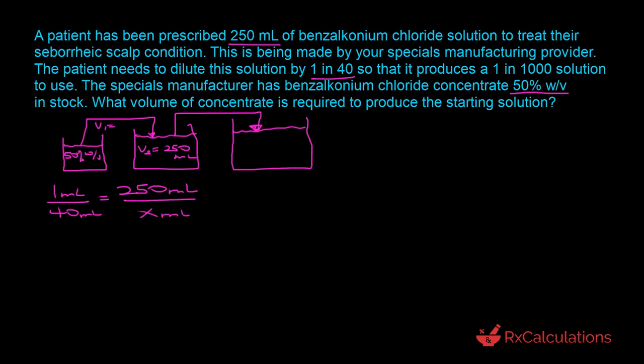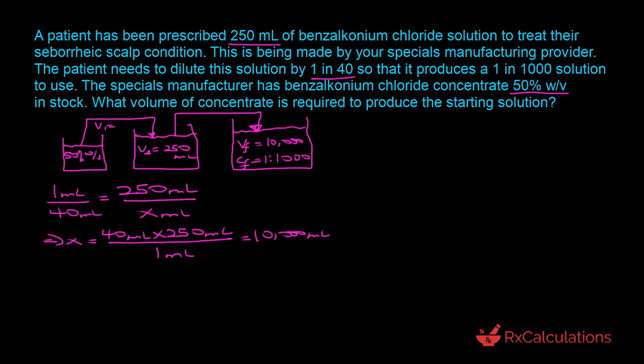We can solve for the unknown x here, and x is going to be equal to 40 milliliters times 250 milliliters divided by 1 milliliter, and that's equal to 10,000 milliliters. So the volume here, which is your final volume, is actually 10,000. And then of course your concentration is given as 1:1000. Now that we have a good physical picture of what is going on, we can proceed with the rest of the solution.